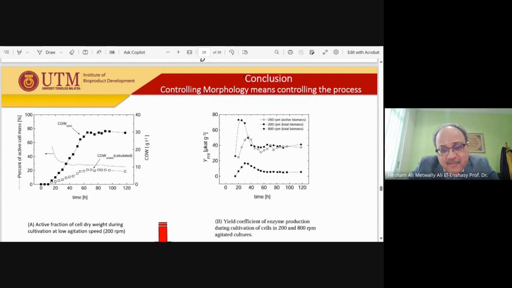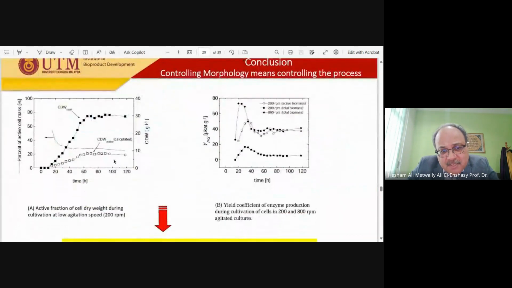When I calculate the yield coefficient, in microkatal per gram, at 800 RPM, all is active. At 200 RPM, I have these two layers. It means only 30% are active. This is the yield coefficient when I take the total biomass at 200 RPM.